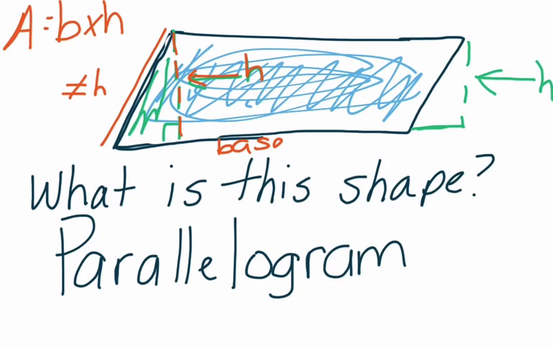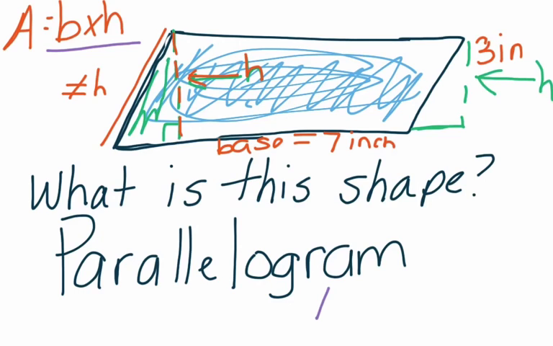Okay? So now that we know our formula and we've determined how to figure out the height, let's figure out what the area is. So if our base is equal to 7 inches and our height is equal to 3 inches, our formula tells us that we need to find the area by multiplying the base times the height.